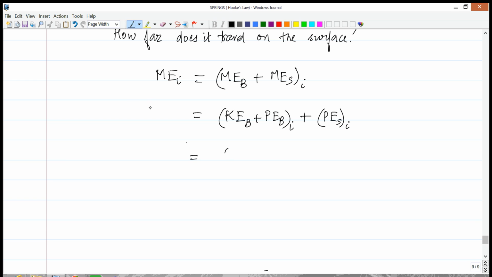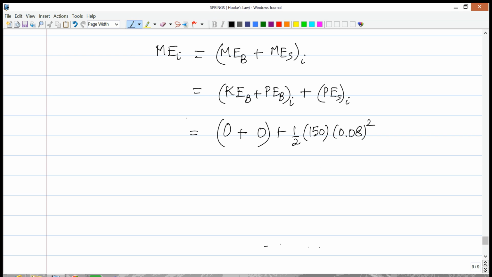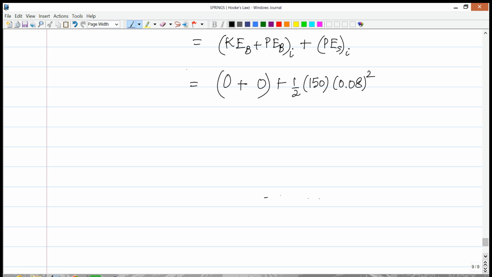Since the block is not moving, its kinetic energy is 0. Since there is no change in height of the block, we can assume that its potential energy is also 0. It doesn't really do anything to the problem. The spring, on the other hand, is compressed, and so it has potential energy. So it is equal to 1/2 times 150 times 0.08 squared. We can calculate this number and figure out what the mechanical energy initial is.